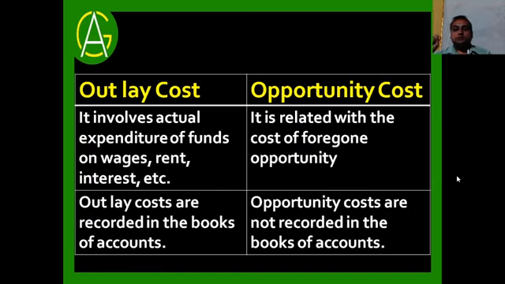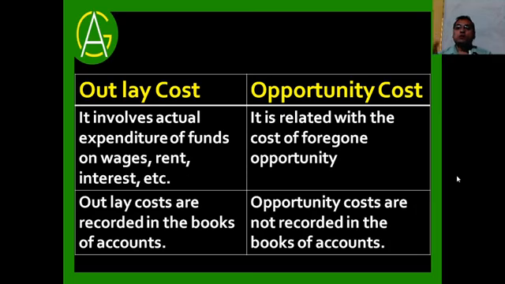Let us take one example. Say, for example, you are offered a job in company X, and company X is going to pay you an annual package of 15 lakh rupees. You have got another offer from company Y, which is going to give you an annual salary package of 17 lakh rupees.